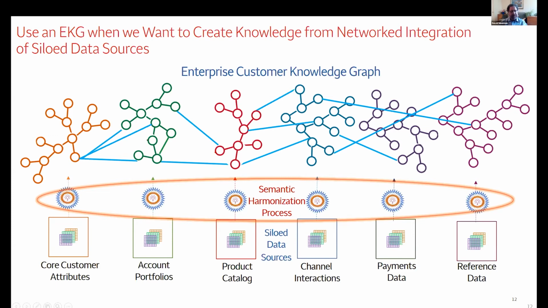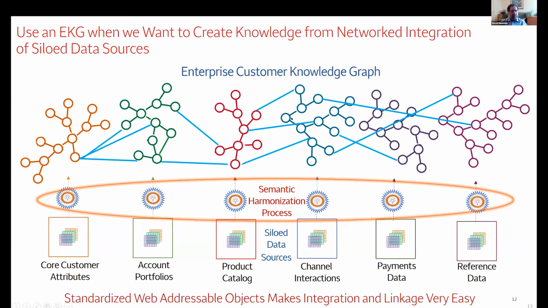And following a semantic harmonization process, we can integrate all of this together, link, federate, harmonize the information so that we can query across all of these different data sources through the knowledge graph and identify insights, particularly a holistic view of customer information we may not have seen before.